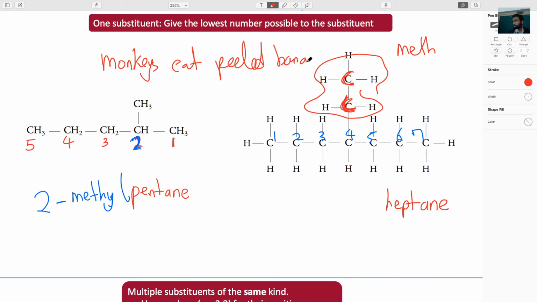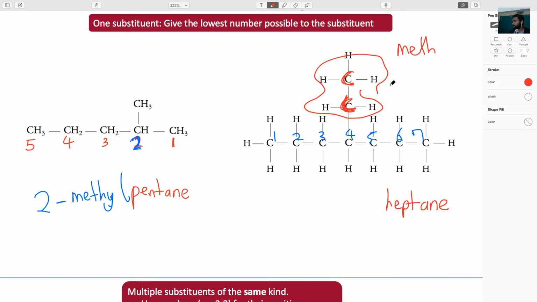Oops, I didn't spell bananas correctly. So monkey is M, that's meth. Eat is E, that's ethane. Peeled is P, that's propane. And B is bananas, that's but or butane. So monkeys eat peeled bananas. That's a nice mnemonic you can use to remember that.